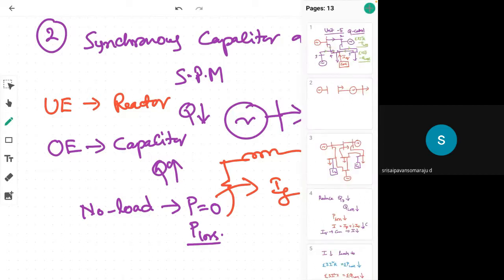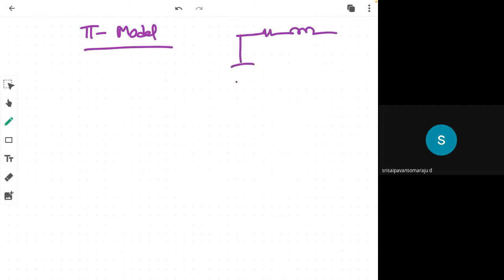Coming to the transmission lines, you can have a pi model or T model. Generally, the pi model is mostly used in transmission systems in order to reduce the number of nodes of the power system. Already we discussed this. During light load conditions, it provides reactive power to the system.